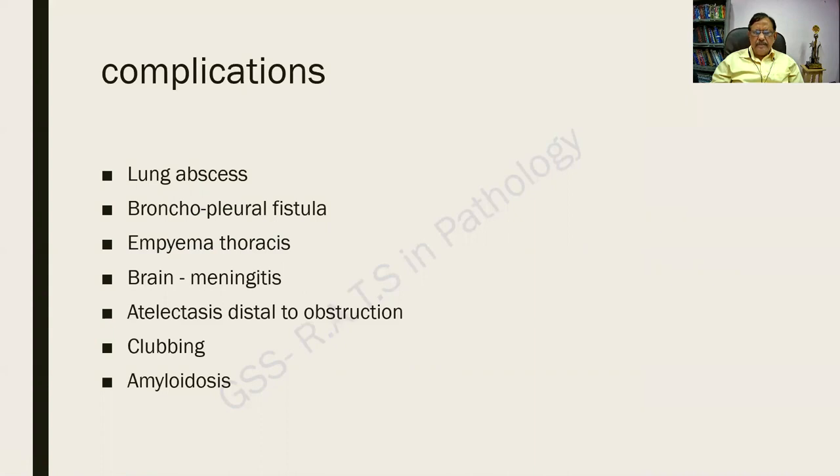Sometimes segments of the bronchi can collapse, leading to atelectasis, clubbing of the digits, and amyloidosis. So please remember this classification. It is a very important clinical question for you, repeatedly asked in general medicine. It can be a case also for you.